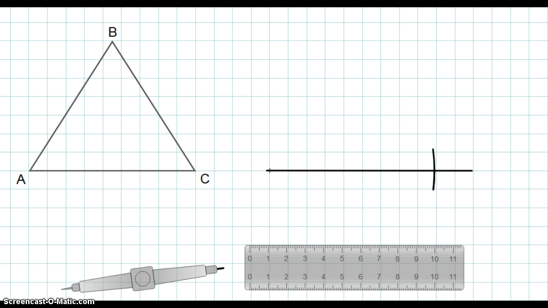Okay. And then that point there, where the vertical line and my original line intersect, I'm going to call that point J. And where this arc and my original line intersect, I'm going to call that point K. So I've got point J and point K. And this line JK is corresponding with AC.